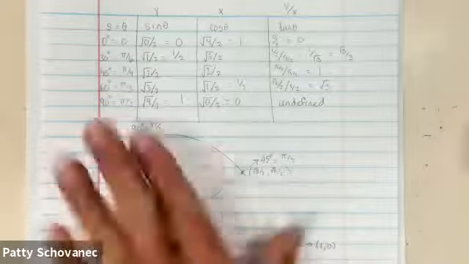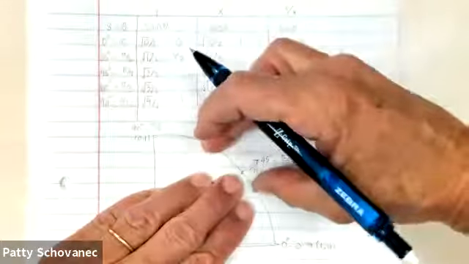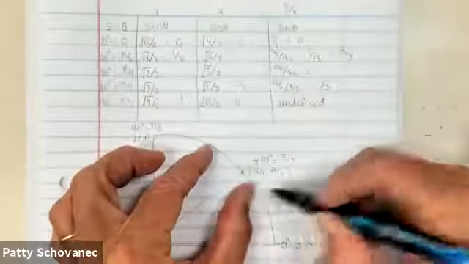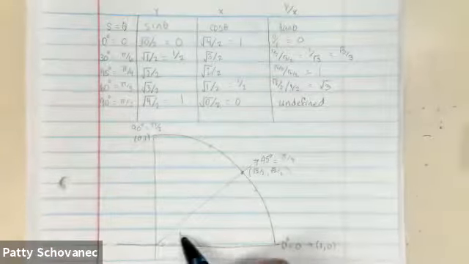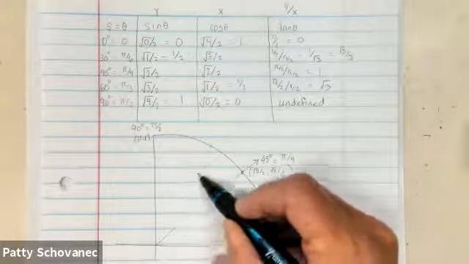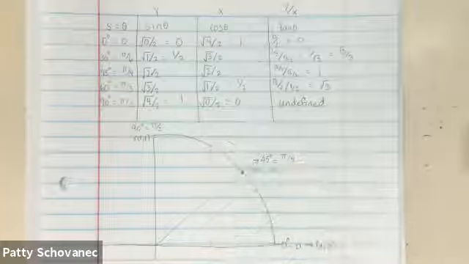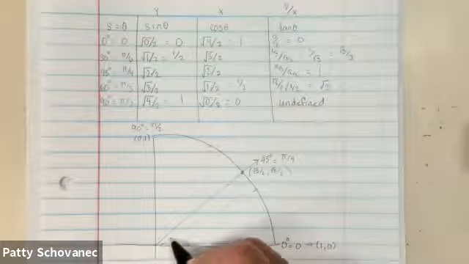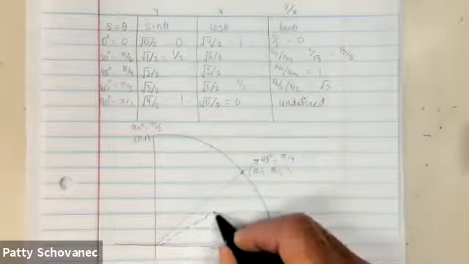Then if I ignore that arc and divide this circle into 3 equal pieces, maybe here and here, those would be the pi 6s. That's 1 pi 6, then here's 2 pi 6, but 2 pi 6 simplifies to pi thirds. So this first dotted line here is pi over 6.